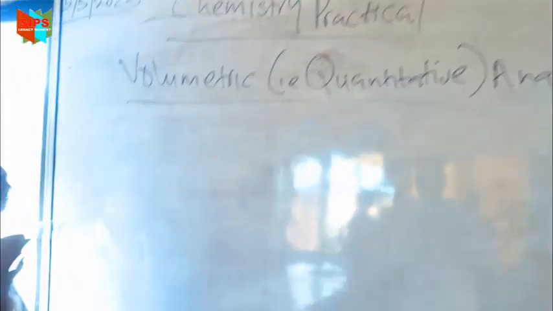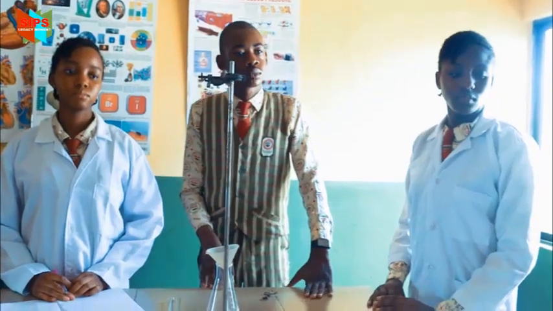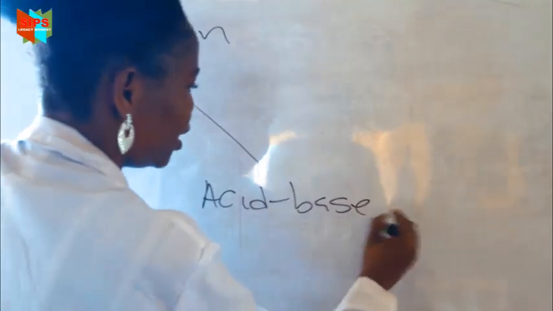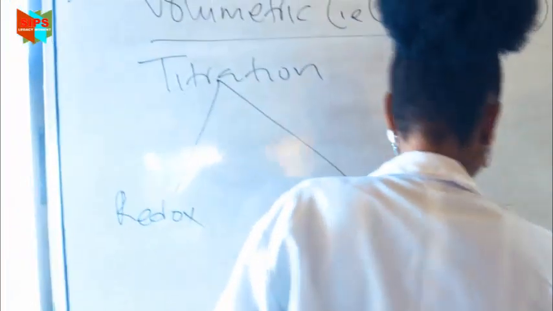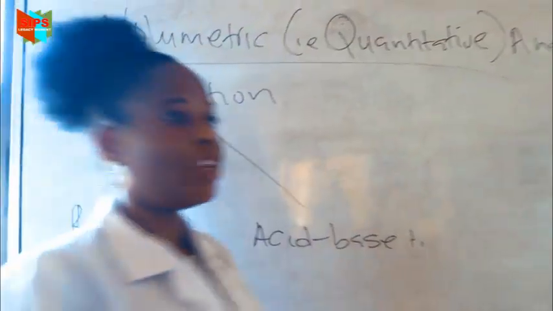So as I said, the method is specifically known as what? As titration. We have redox titration and acid base titration. Our focus here today will be on acid base titration.